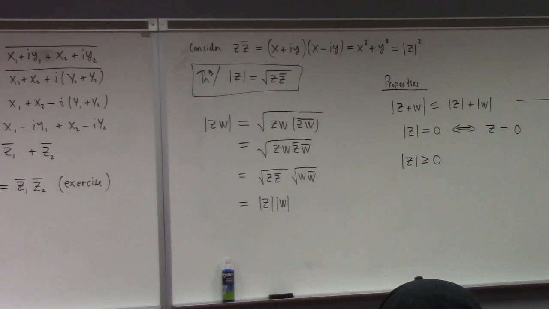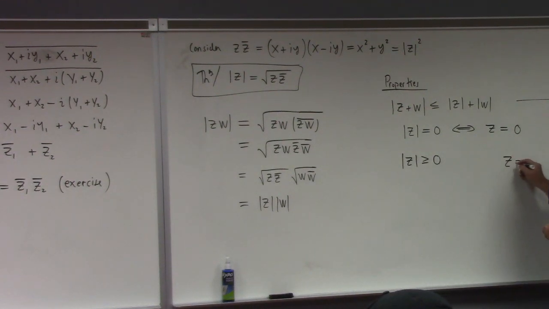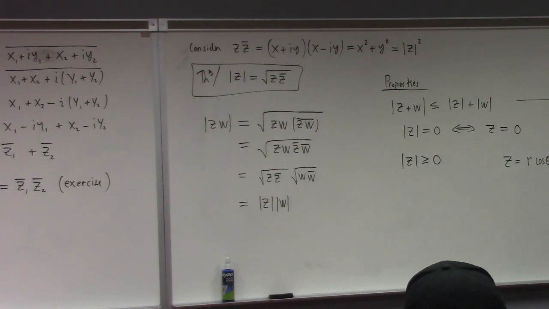Okay, great. What does that mean about z? z is equal to x plus iy, but that's apparently r cosine theta plus i times r sine theta. And what is r? Exactly, that's our usual notation. We use modulus of z there.